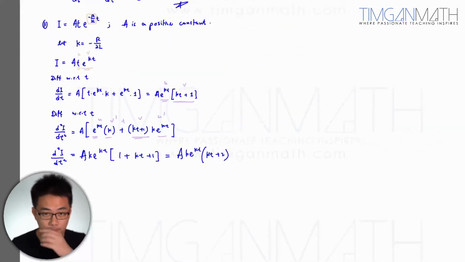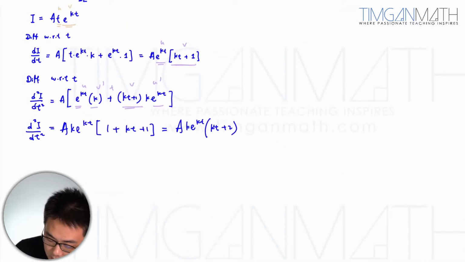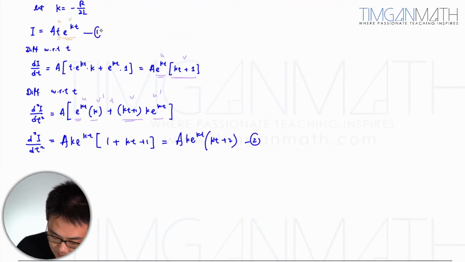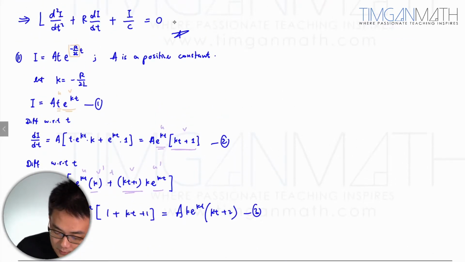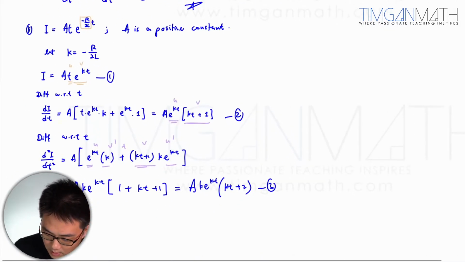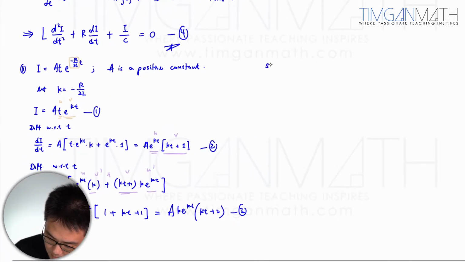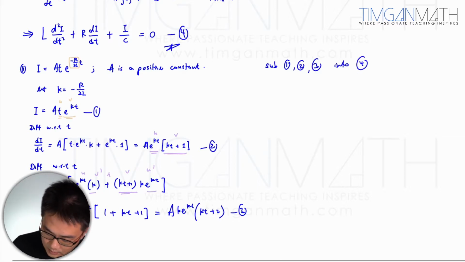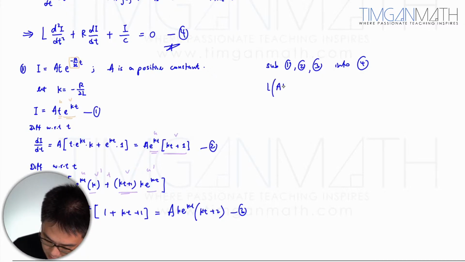Just slowly do it. Now once we have these expressions, I'm going to replace. Actually, 1 should be here, and 3. Because it's a solution, just sub 1, 2, 3 into 4. I'm going to try and solve this part here. L will just be A k e^(kt)(kt + 2).